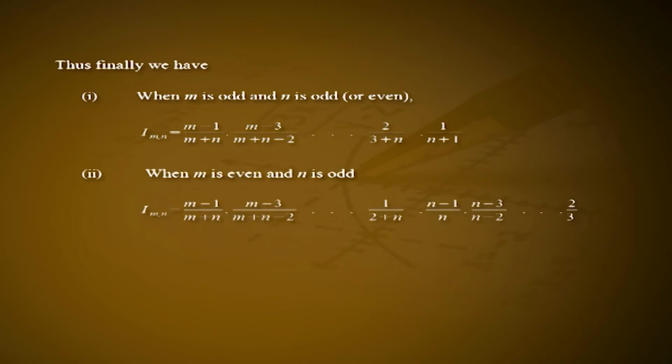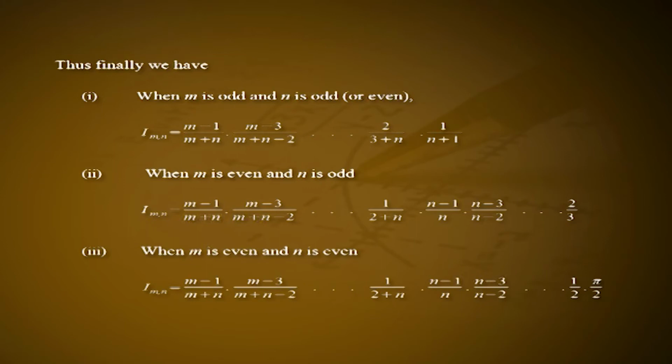Thus, finally, we have: first, when m is odd and n is odd or even, I_mn is equal to (m-1)/(m+n) into (m-3)/(m+n-2) into etc. into 2/(3+n) into 1/(n+1). Second, when m is even and n is odd, I_mn is equal to (m-1)/(m+n) into (m-3)/(m+n-2) into etc. into 1/(2+n) into (n-1)/n into (n-3)/(n-2) into etc. into 2/3.